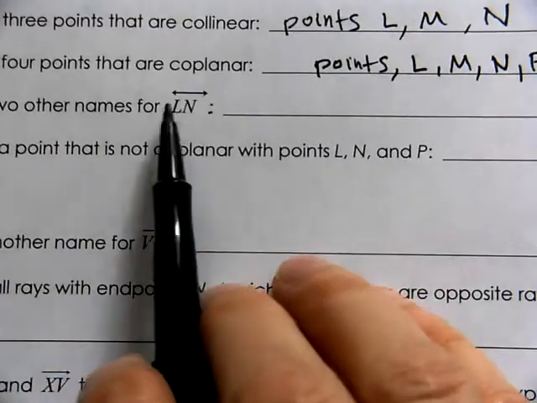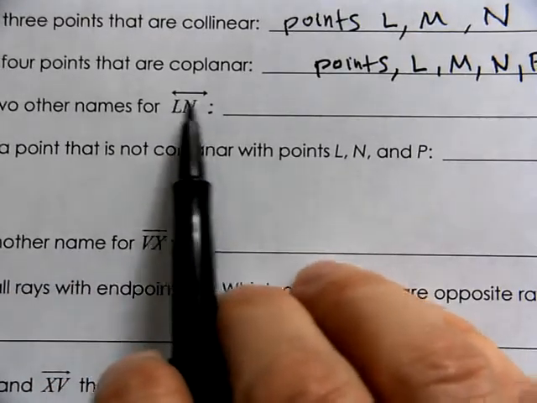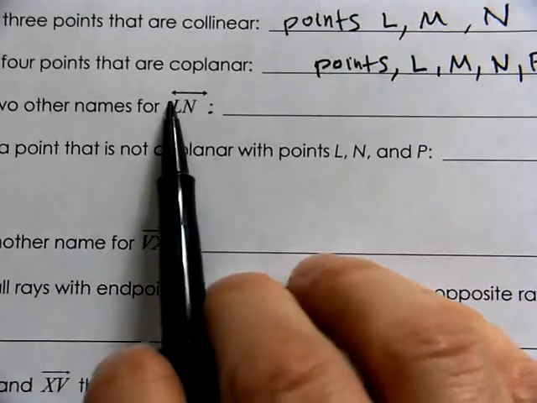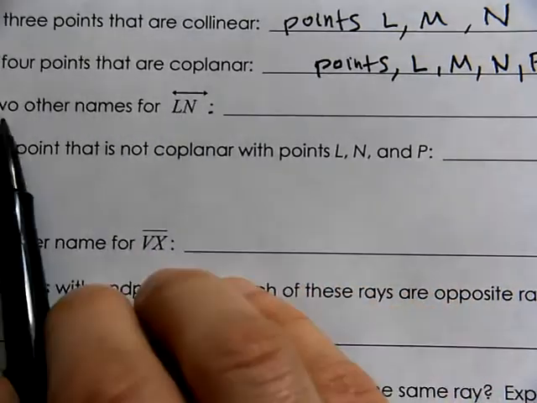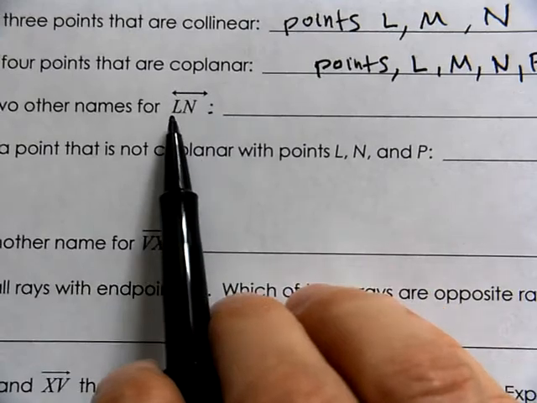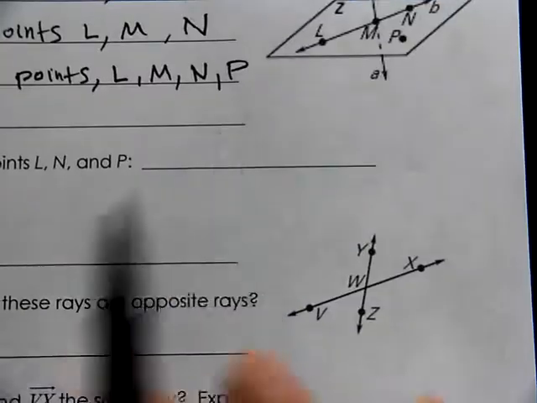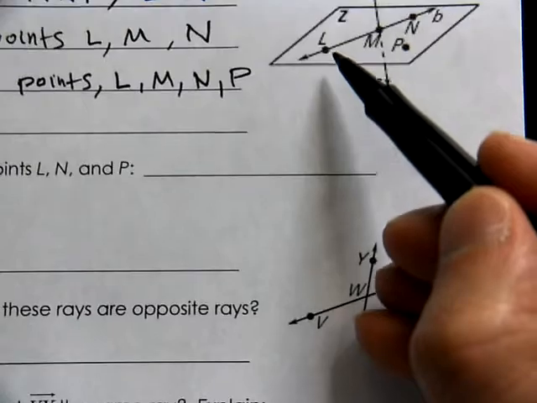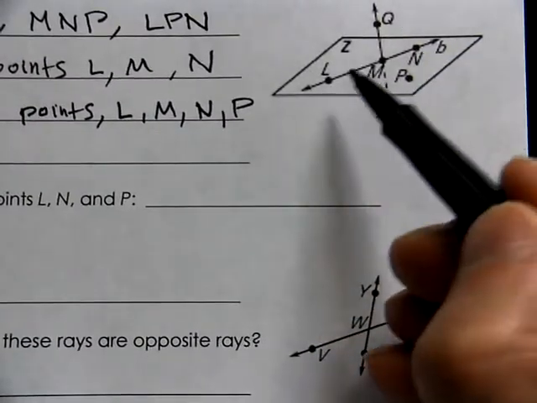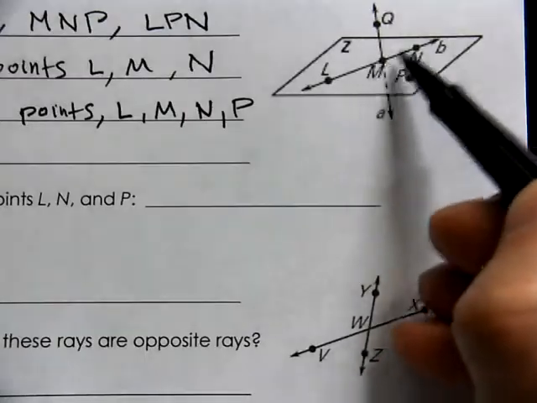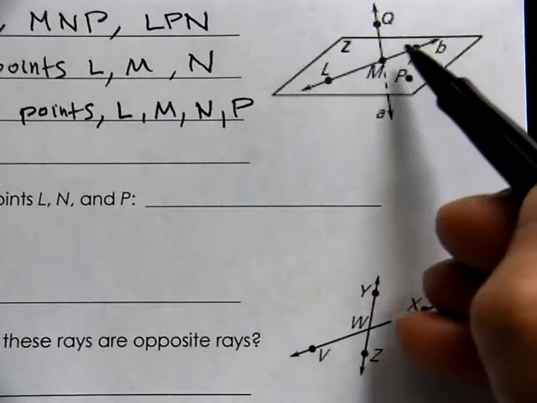Give 2 other names for, now we look at that symbol and we name it. That's a line symbol with the arrows on both sides. So line LN. So we want 2 other names for this line. Let's find the letters L and N. So L is on the left side of the line, N is on the right side. But we could use M, that works. So how about line MN?